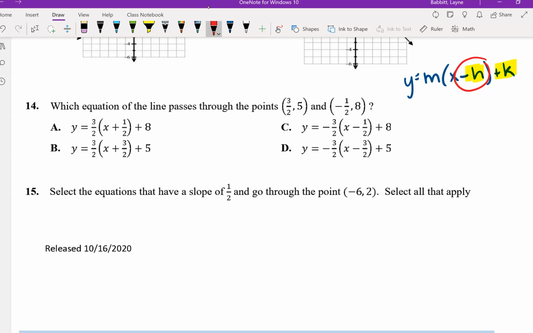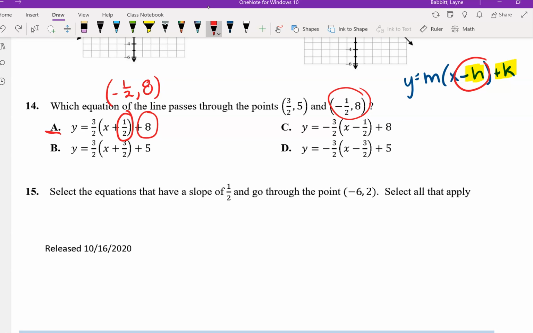So, for example, I'm just going to look at A really quick. And I have positive 1/2, positive 8, which means that this equation, or this line, contains the point negative 1/2, comma, 8, which is one of the points that we have. What we don't know about A is if it also contains this point. I'm going to move on and just eliminate some of the others.